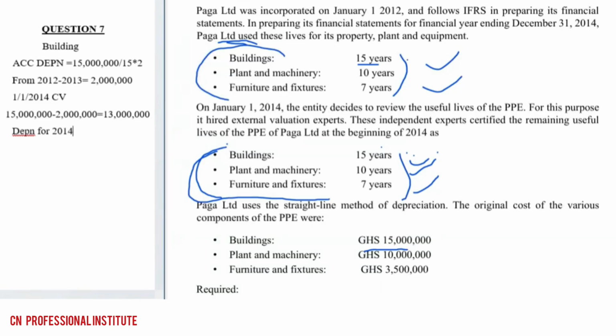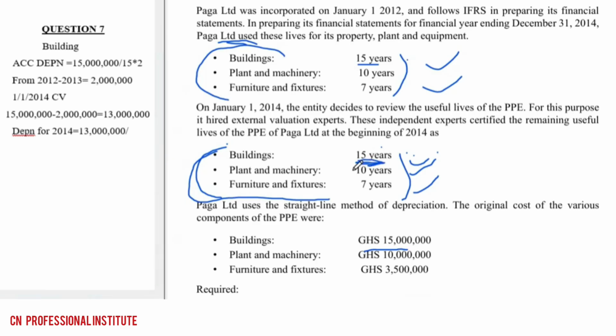So depreciation for 2014 will be the carrying value divided by the remaining useful life. Don't forget, now we are back at 2014. So for 2014 building, we are going to use the revised 15, not the top 15.